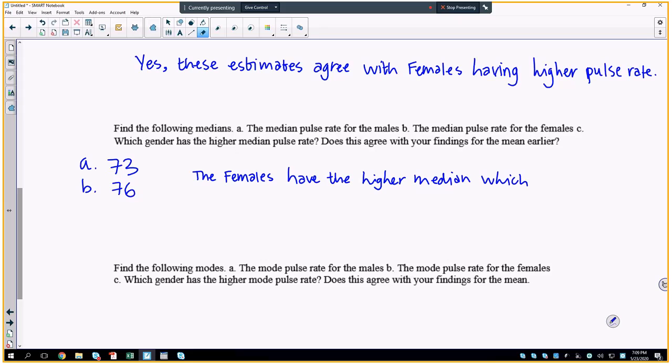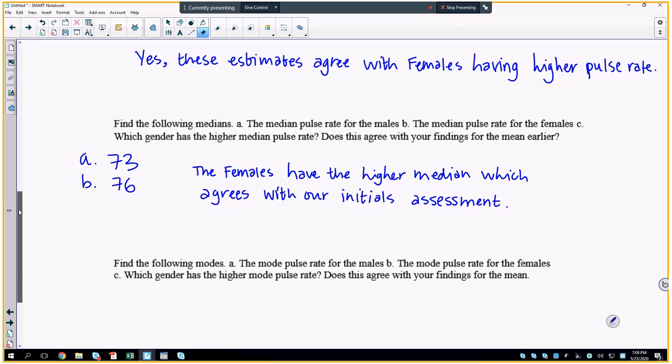And that agrees with our initial assessment. Although I think initially it was a little bit hard to tell, and it's starting to look clearer and clearer because we see that the mean and the median and the mode are all reflecting this fact.